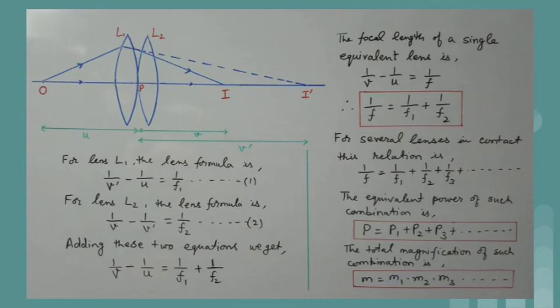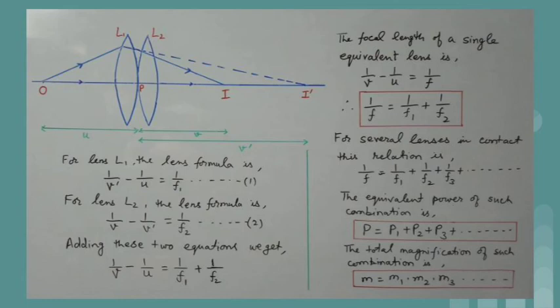If the system of two lenses be regarded as equivalent to a single lens of focal length f, then the lens formula is 1 by v minus 1 by u is equal to 1 by f, and hence 1 by f is equal to 1 by f1 plus 1 by f2.